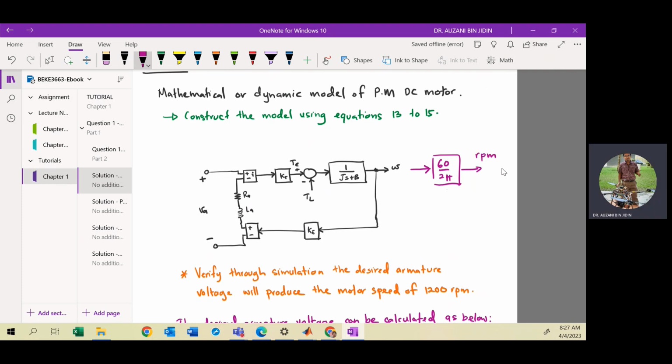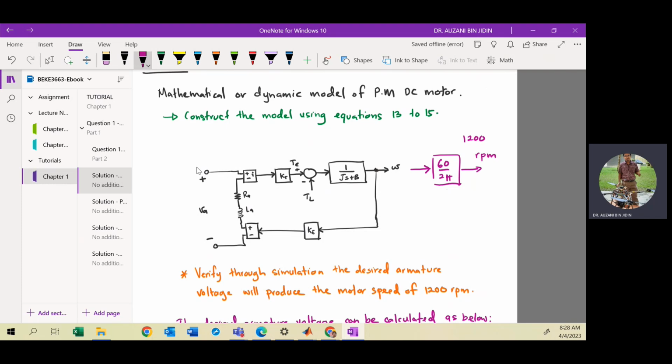Then we can check that your selection of start resistance value and duty ratio will obtain the desired speed of 1200 RPM.